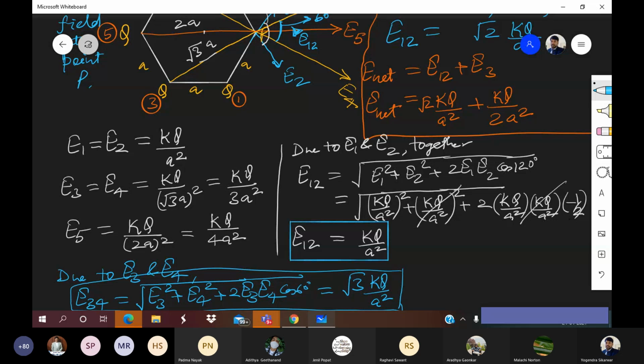Please note. So shouldn't it be root 3 by 3? Just a second. It will be, because the values of E3 and E4 had a 3 in the denominator also. So it is root 3 by 3. You are right.